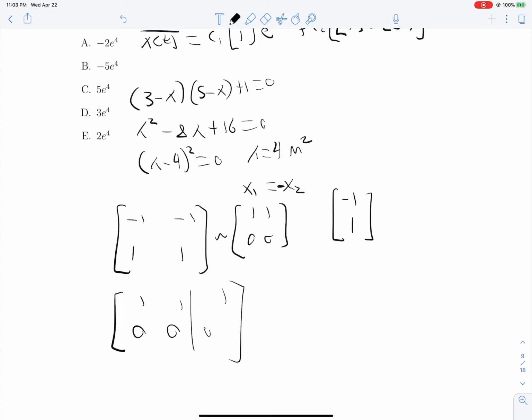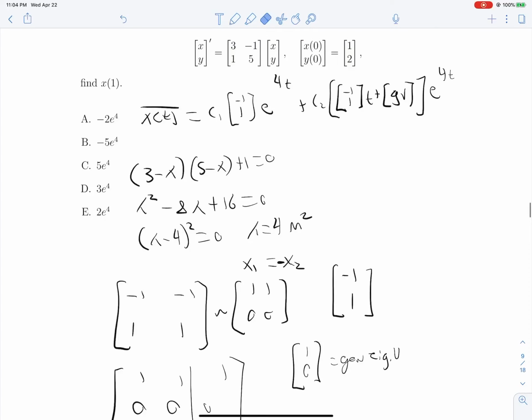And once we do, everything on the right, so this vector 1, 0, is our generalized eigenvector. So that's 1, 0. We can go replace that up there.